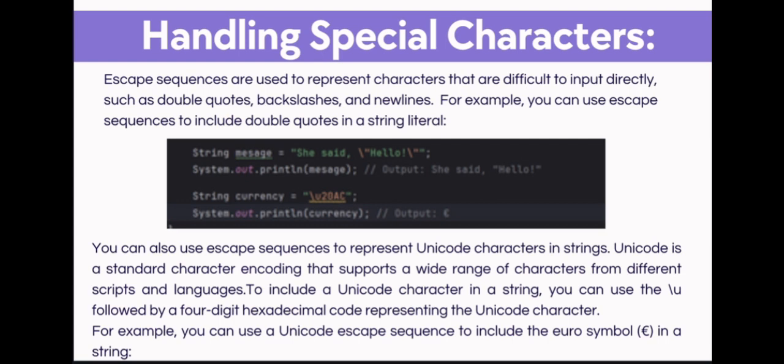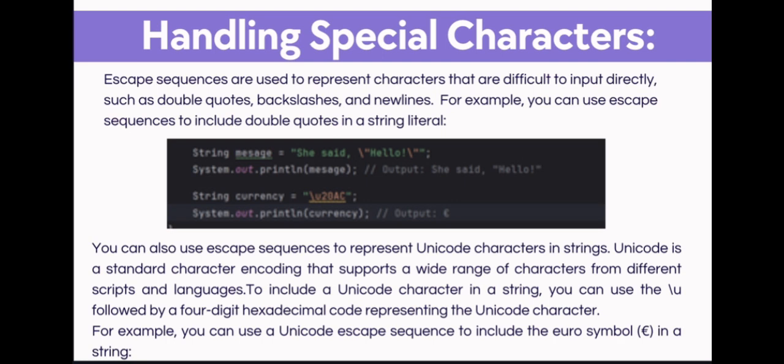We can also use escape sequences to represent Unicode characters in a string. Unicode is a standard character encoding that supports a wide range of characters from different scripts and languages. To include a Unicode character in a string, we can use backslash u followed by a 4-digit hexadecimal code representing the Unicode character.